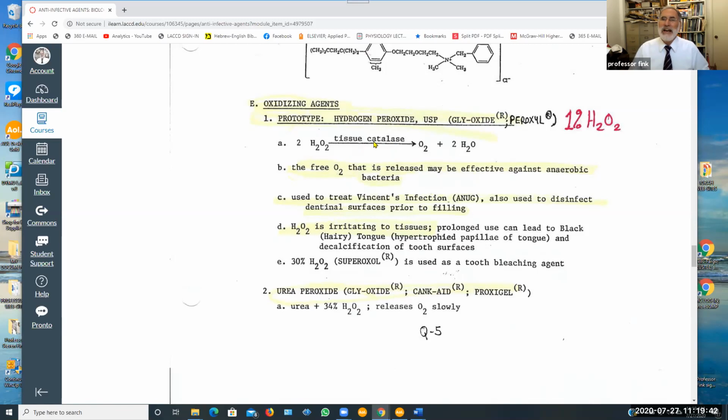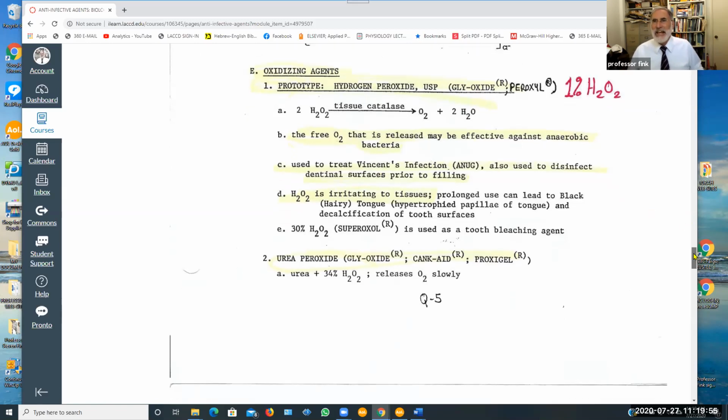There's an enzyme in the cells of our body called catalase that promotes that. But anyhow, it will break apart even on its own. And it releases oxygen, which is very effective against killing anaerobic bacteria. For that reason, hydrogen peroxide has been used in the treatment of Vincent's infection, or ANUG, acute necrotizing ulcerative gingivitis, which is associated with anaerobic bacteria.